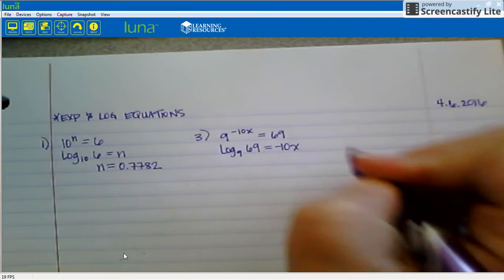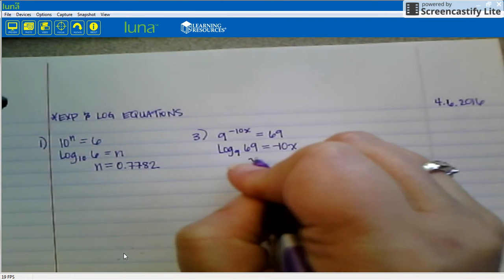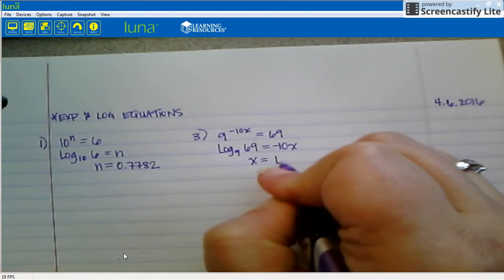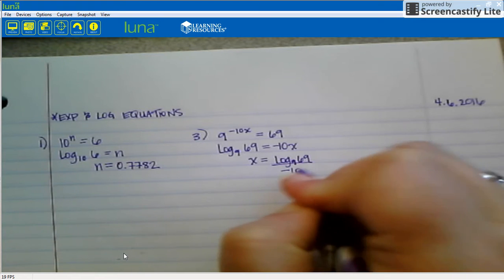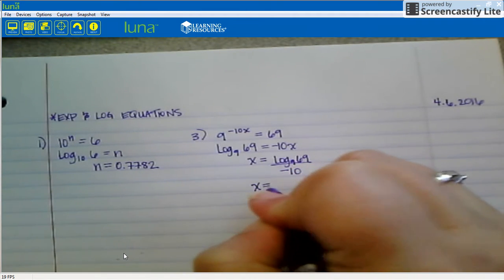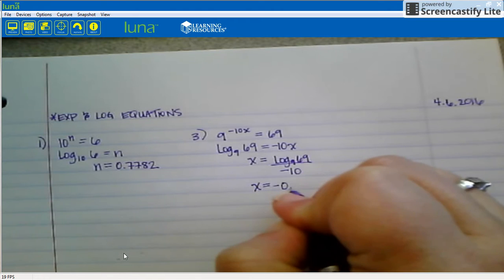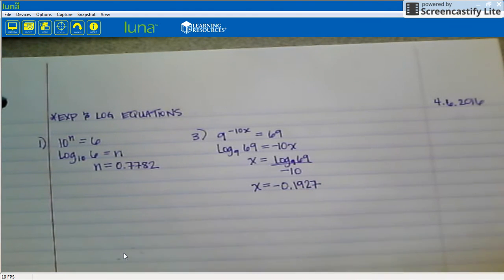So I have log base 9 of 69 is equal to negative 10 times x, and so I have x is equal to log base 9 of 69 divided by negative 10. And so when I type all of that into my calculator, this is going to give me x is equal to negative 0.1927.